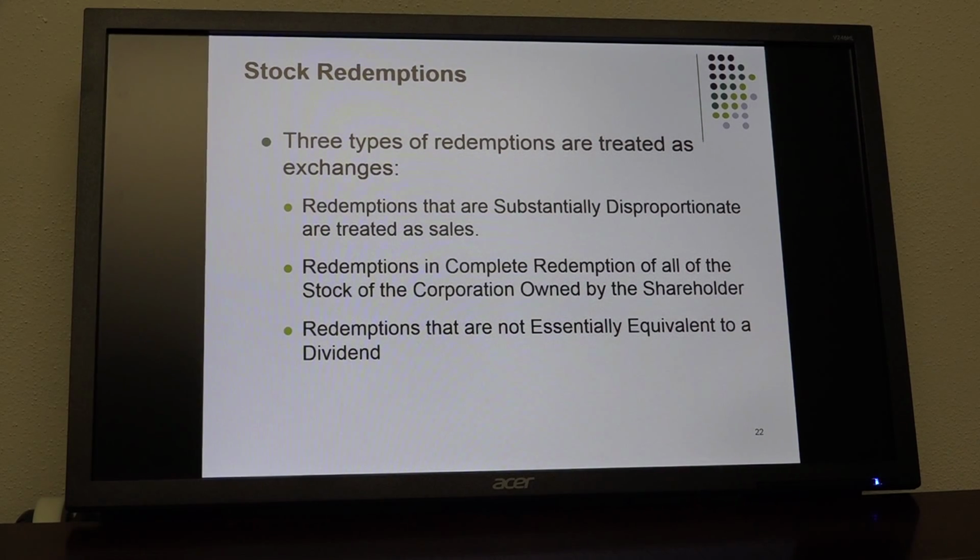And so there are some requirements in order to meet this. First is that the shareholder who is redeeming their complete ownership in stock to the corporation, immediately after the exchange, cannot be a shareholder, employee, director, officer, or consultant to the corporation.